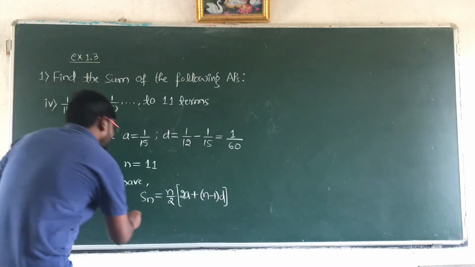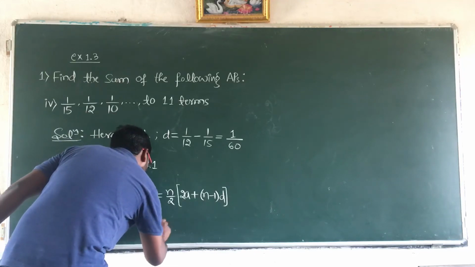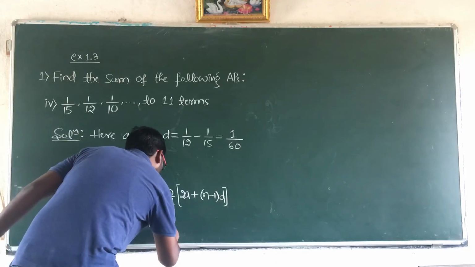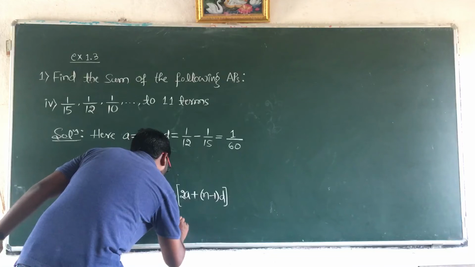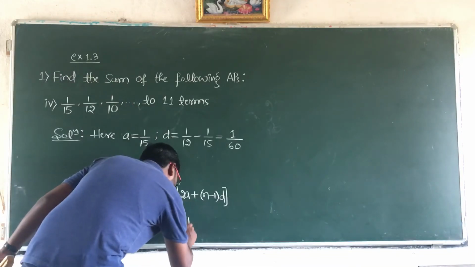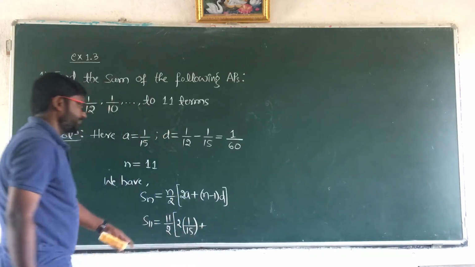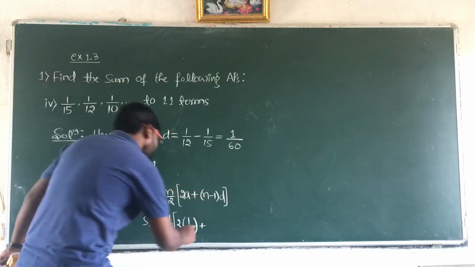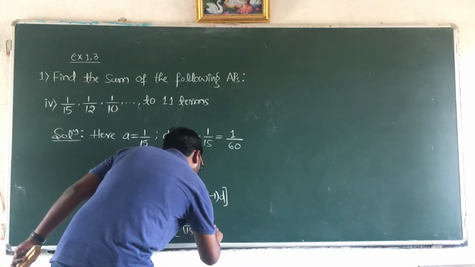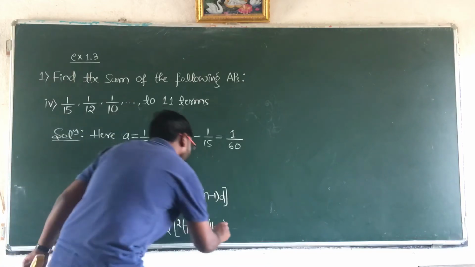Then S11 is equal to 11 by 2 into 2a. What is a here? It is 1 by 15. So 2 into 1 by 15 plus n minus 1, so 11 minus 1, into d. d is 1 by 60.